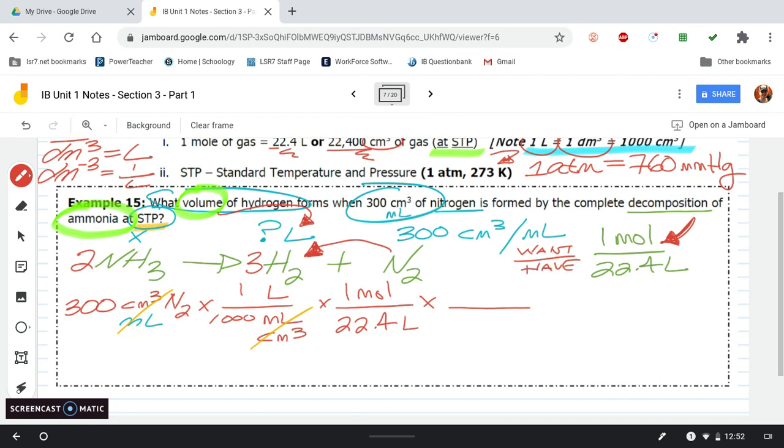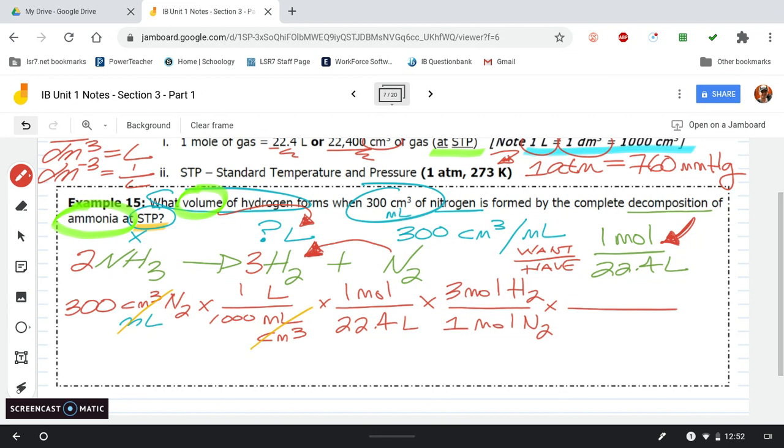And then we use the values in front, those coefficients, and they're going to become our numbers in our problem. Okay, so stuff that we've done before. So it looks like the hydrogen's on top, so we're going to go 3 moles of that one. And then on the bottom, that's a 2, not a Z. A lot of times my 2s look like Z's, so you gotta kind of watch me. So here we go. And then on the bottom, 1 mole of the nitrogen. Okay, boom, there we go.